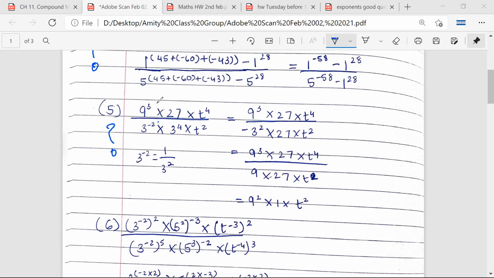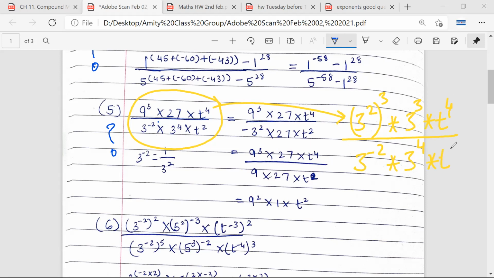So Aishwarya ji, actually how I'll solve this question? I'll write this as 3 square power 3 into 3 cube into t raised to power 4 upon 3 raised to power minus 2 into 3 raised to power 4 into t square.